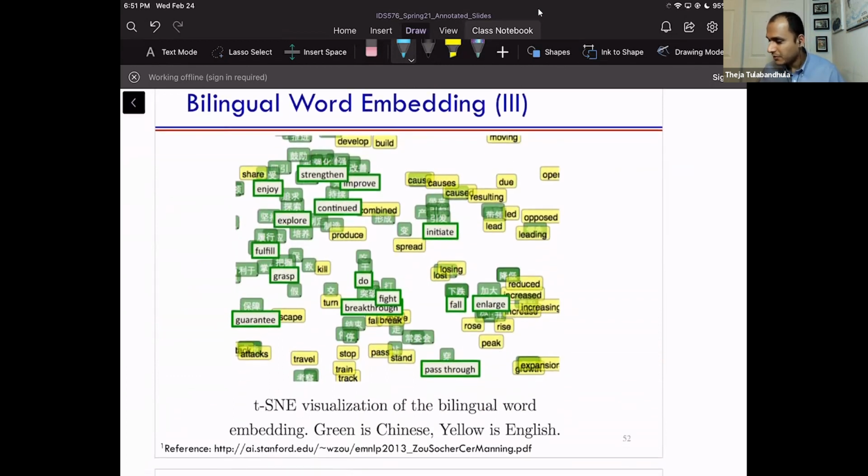Maybe only for some words you know that they are pairs, I think the highlighted ones. But by ensuring that the vectors for these words are close to each other, you can find pairs that you did not know. For example, maybe here they may end up close to each other. I think that's laid out in this paper.